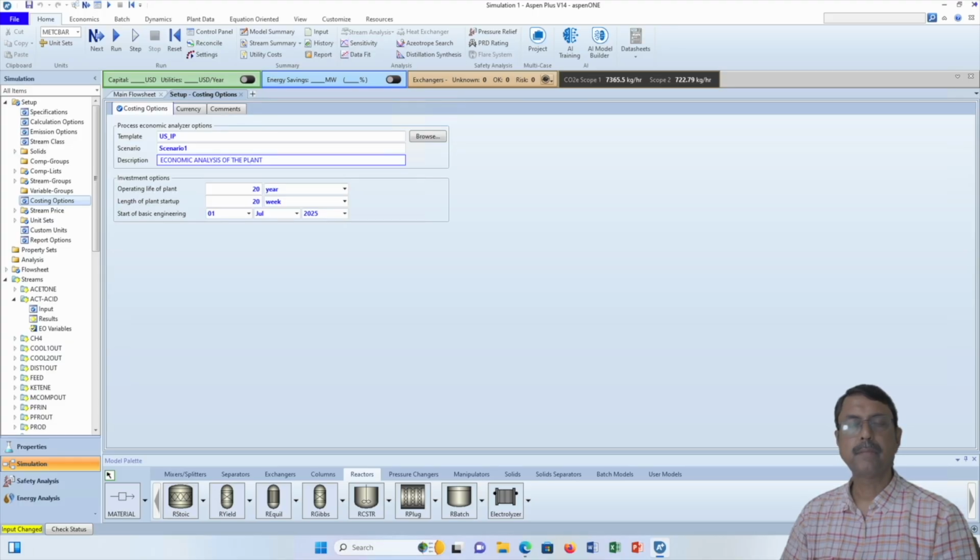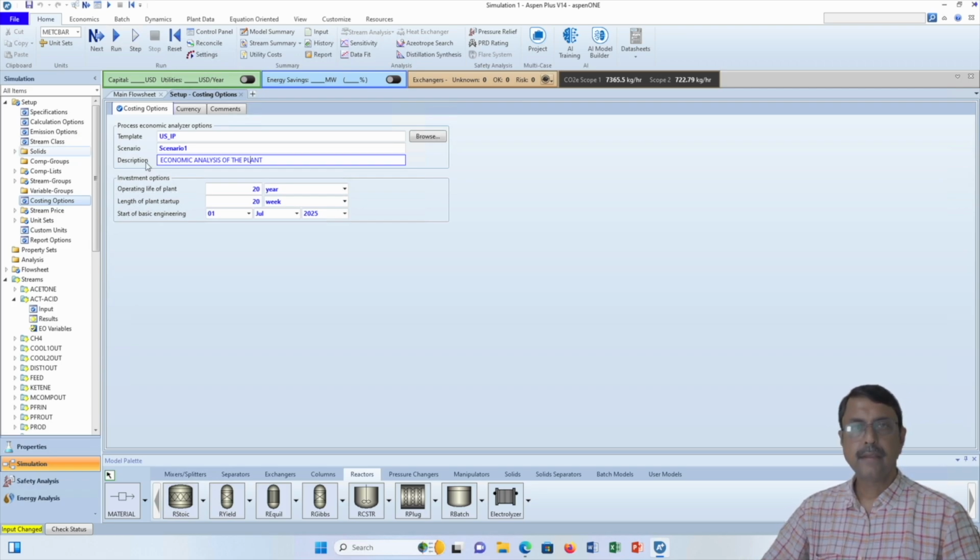Because in process plants, usually multiple designs are produced before they discuss it thoroughly, and after the thorough discussion, they arrive at a decision that design number 3 will be used and sent for development and commissioning. Okay. So multiple designs may be required for that analysis. So you can say scenario 1, scenario 2, scenario 3 and rerun for various scenarios. So let us say scenario 1, okay.